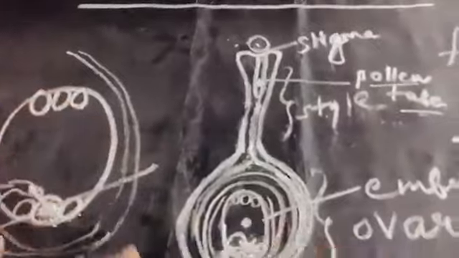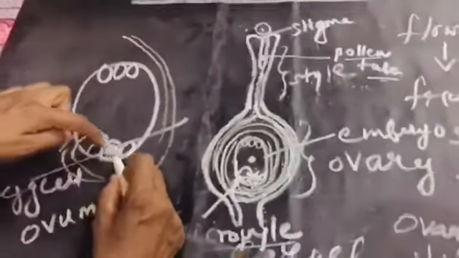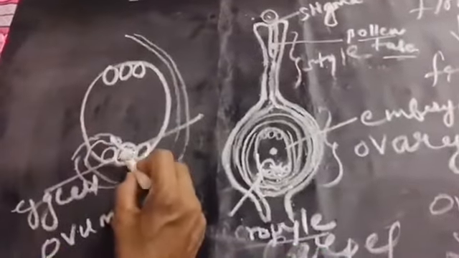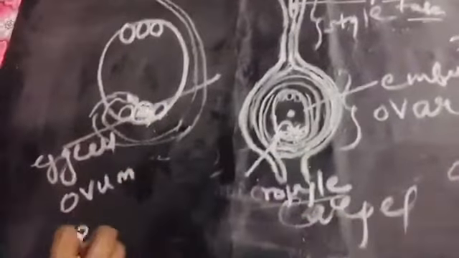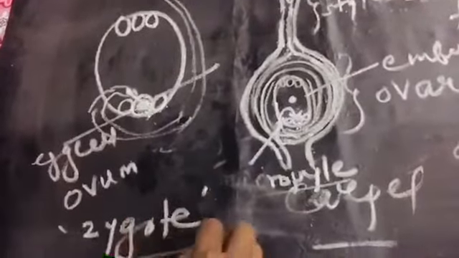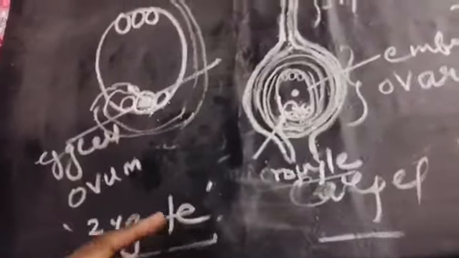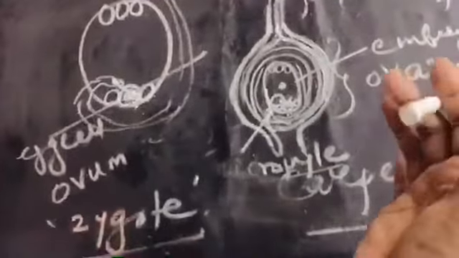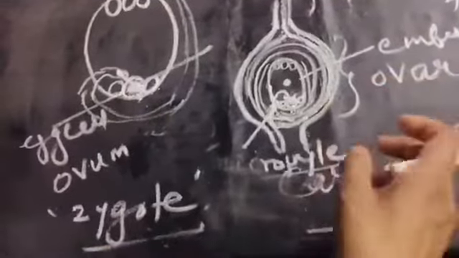After the fertilization, the egg cell is not called an egg cell. The fertilized egg is known as zygote. Once again, I repeat the points which we have discussed till now.